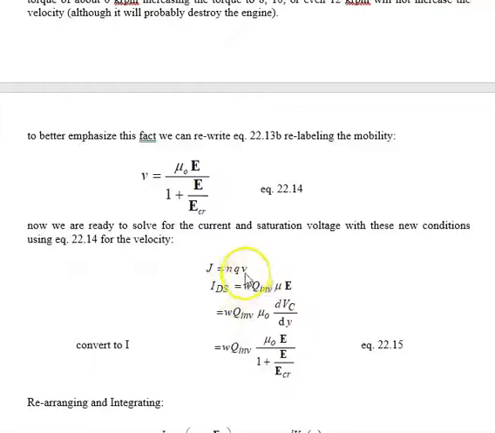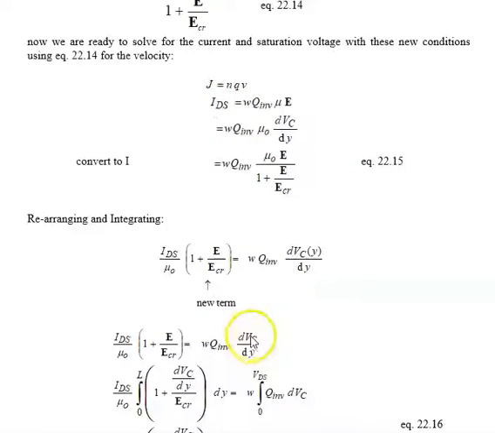So instead of V, we write, of course, the definition of E, which is just the first derivative of channel voltage with respect to Y. The channel voltage, of course, is a function of Y. Now we substitute for E, and we get equation 2215. So our goal now is to take this equation and its partner up here and get an expression for IDS. Now that is the big deal.